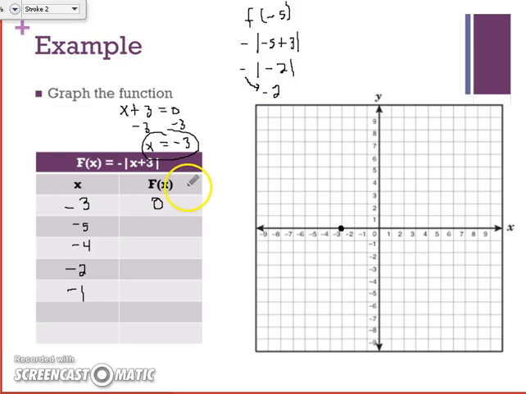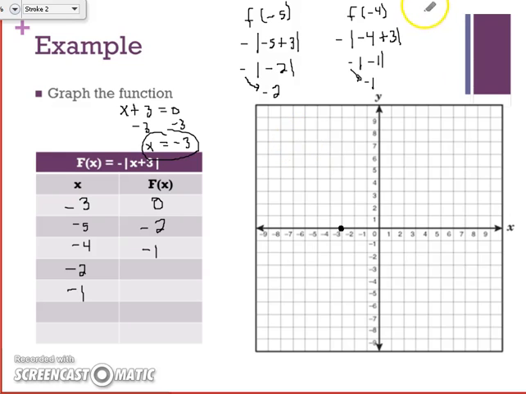So negative 2 is the y value. If I try it with negative 4, so f of negative 4, plugging in those numbers, negative 4 plus 3 is a negative 1, and that negative is still on the outside. Absolute value of negative 1 is a positive 1. Again, that negative is still on the outside, so negative 1 is here.